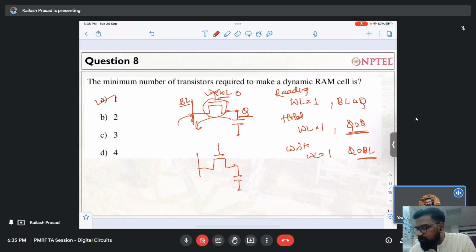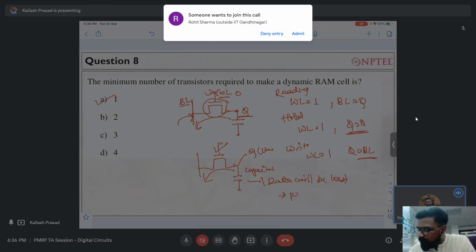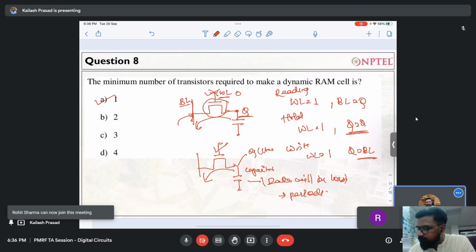This is a capacitor, and it will hold some charge at this node Q. Now, as you make this 1, the charge will flow like this, so data will be lost. That is the reason why periodic refresh is required in DRAM.